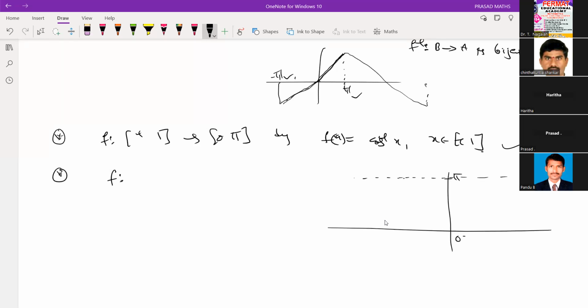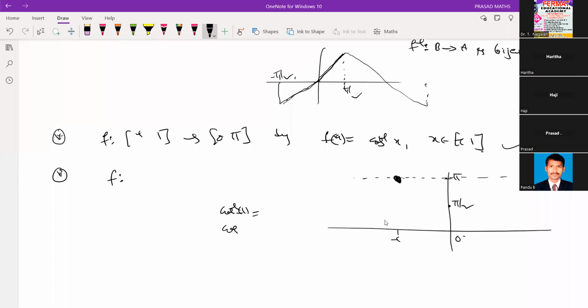Right? What is cos inverse pi by 2? Cos inverse -1. What is cos inverse -1? Pi. That means this, right?